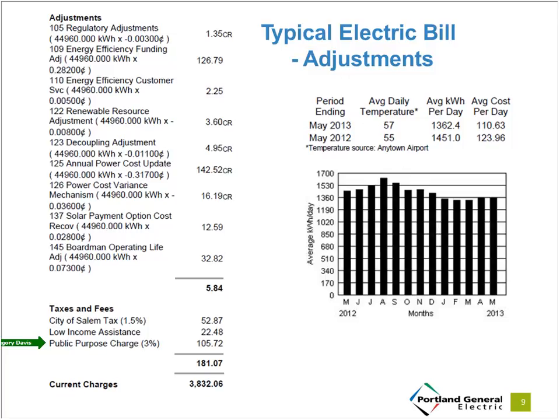This public purpose charge goes to the Energy Trust of Oregon, and the Energy Trust of Oregon provides programs to residential customers, commercial customers, industrial customers that allow them to put in energy efficiency units or to run energy efficient programs that will allow the overall Oregon community to use less energy.